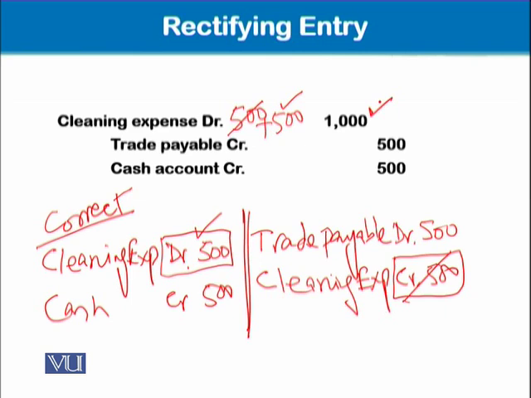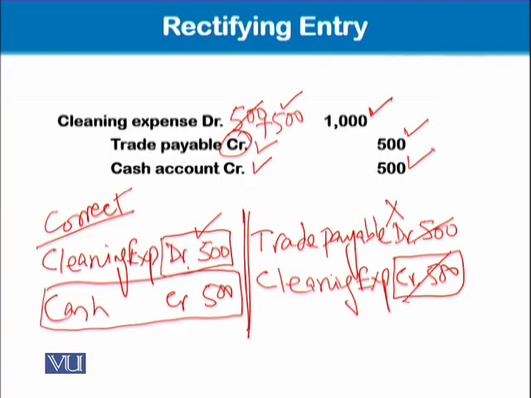The second thing, this trade payable was wrongly debited. Now give credit to this trade payable, which will cancel this debit effect. Okay, trade payable will be credited, and this cash was not credited. Okay, now we have to give credit to this cash account.